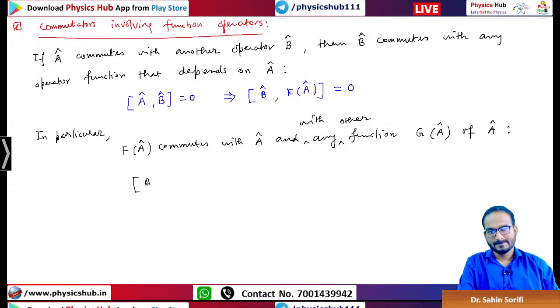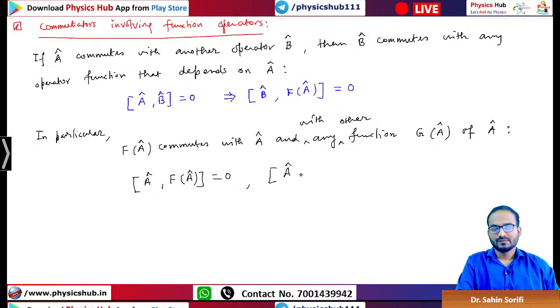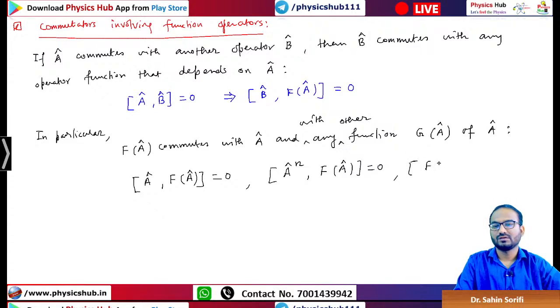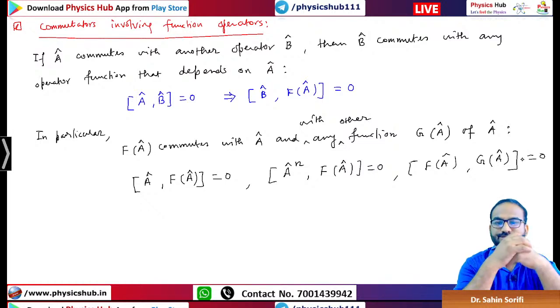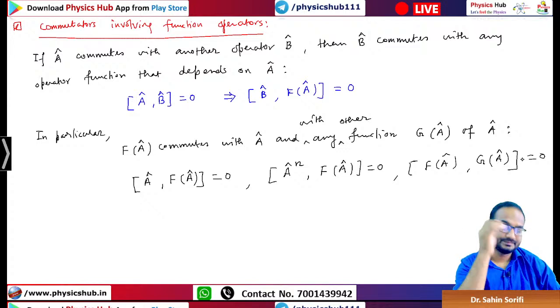A commutes with f of A, A to the power n commutes with f of A, and any operator function which depends on A also commutes with another operator function which is also a function of A. Okay, so I hope you got this.